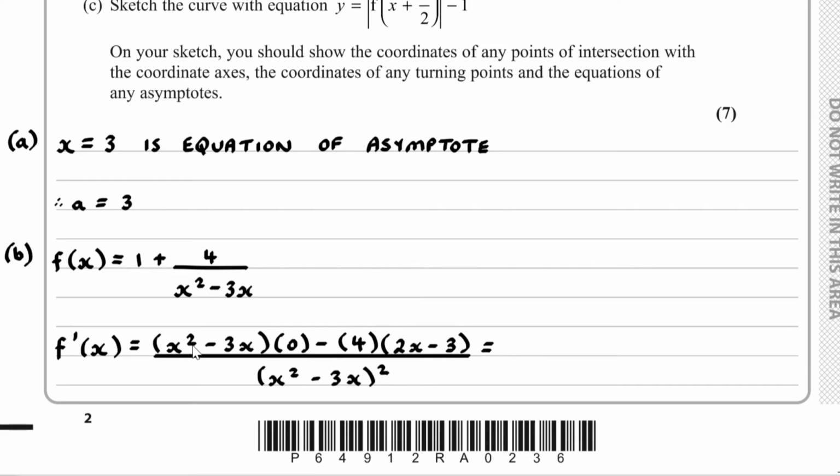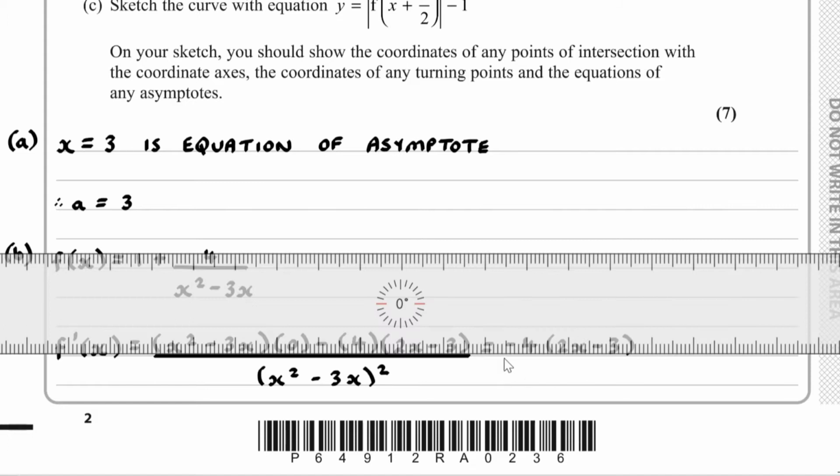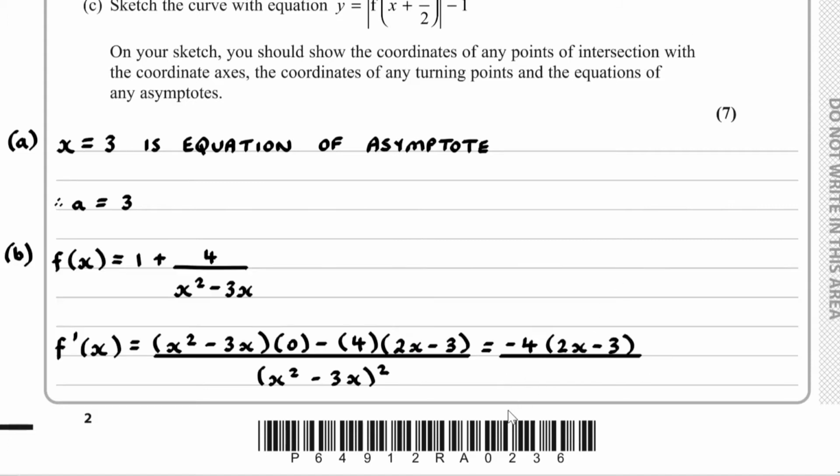So now let's try to simplify this. Well, 0 times x squared subtract 3x is 0, and so on the top we have negative 4 multiplied by 2x subtract 3, and then we divide this by x squared subtract 3x squared.